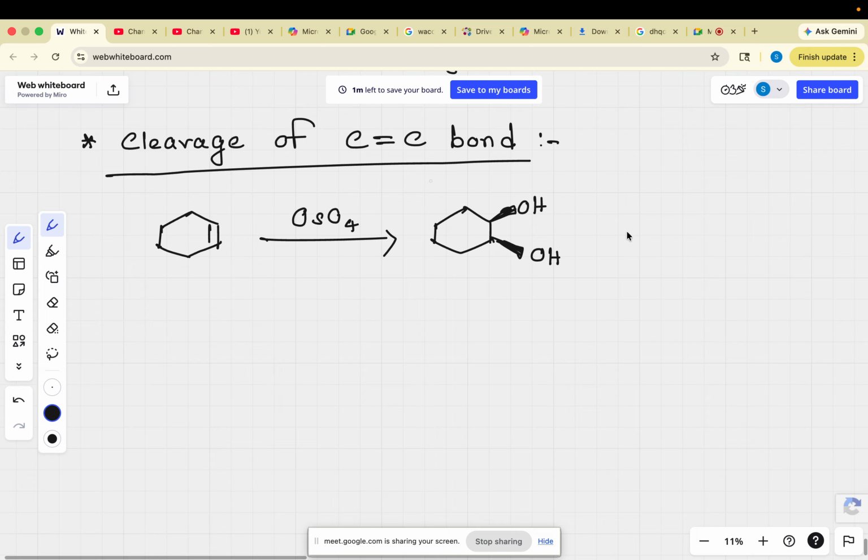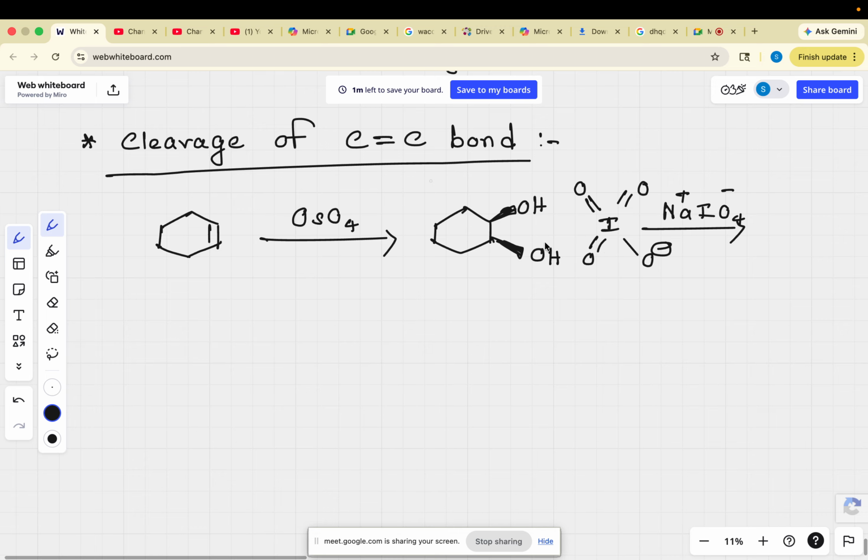Now the second reagent we are using here is NaIO4, sodium periodate. So sodium plus IO4 minus, you can draw the structure like this: iodine, double bond O, double bond O, double bond O, and here you have O minus.